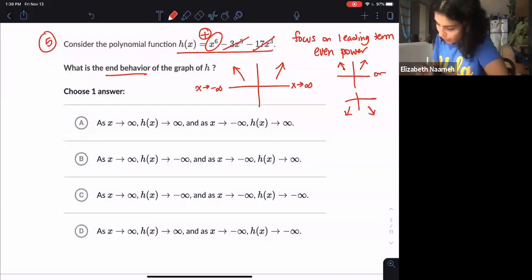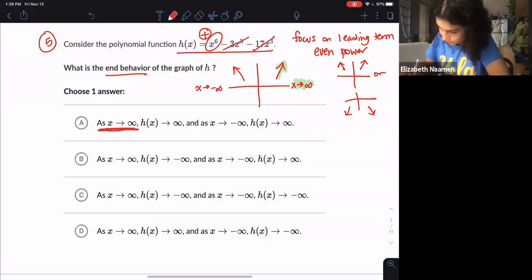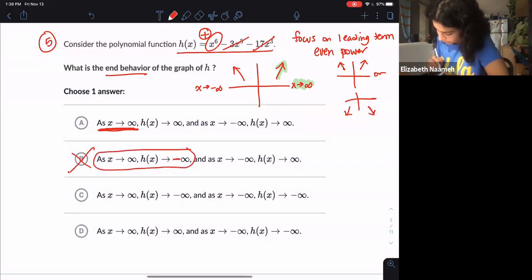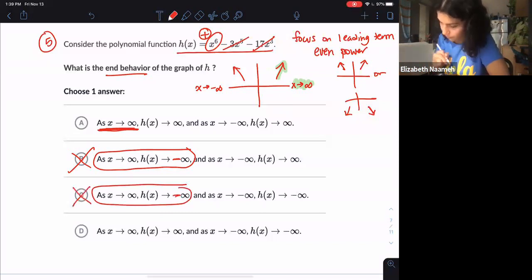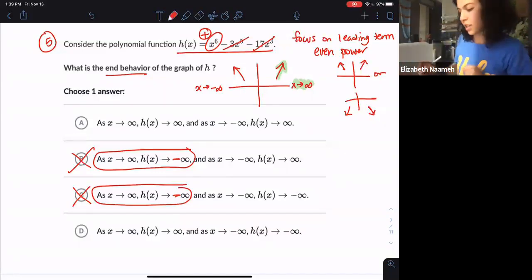So let's answer the question. Which of these works? As x approaches positive infinity, so we're focused on the right side, our graph is going to positive infinity. It's going up. If it was going down, we would say y approaches negative infinity, but we're going up. So we can cross out b because it says that the function's going down. We can also cross out c. You guys look between a and d, use the other arrow to narrow it down and type your answer in the chat.